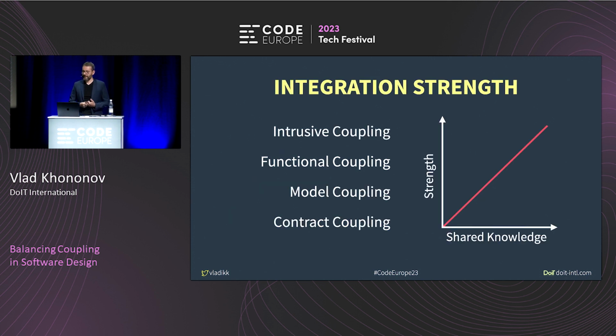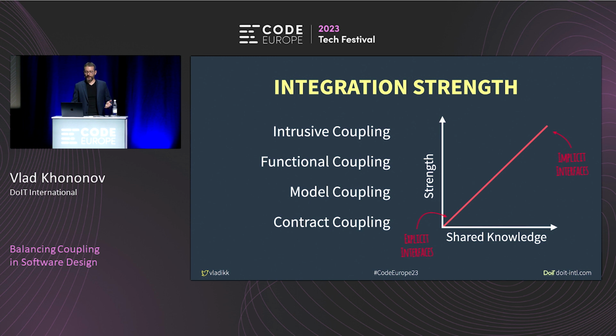So if we represent this visually, these levels reflect the amount of knowledge that is shared across components' boundaries and how explicit or implicit the integration interfaces are. Again, intrusive coupling shares the most knowledge about how the upstream is implemented.